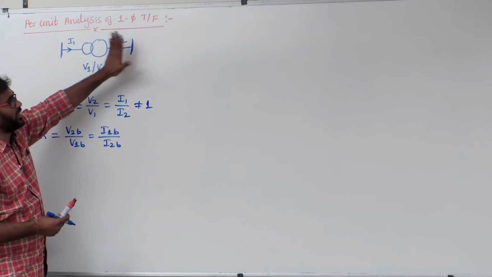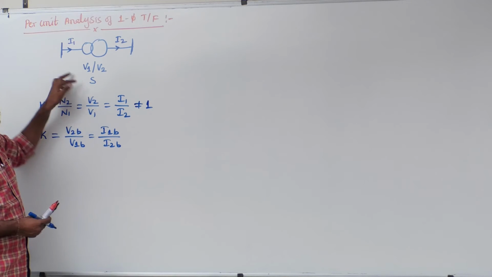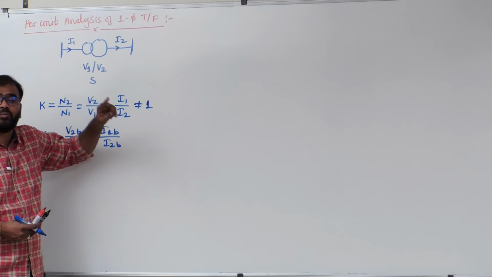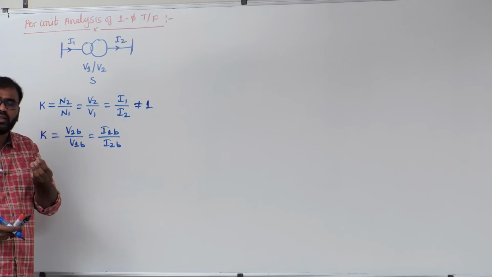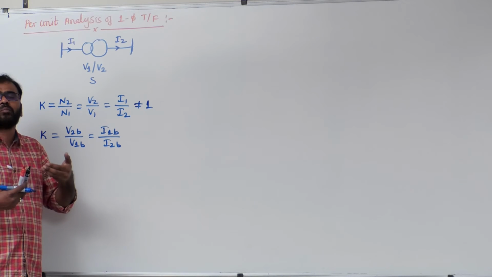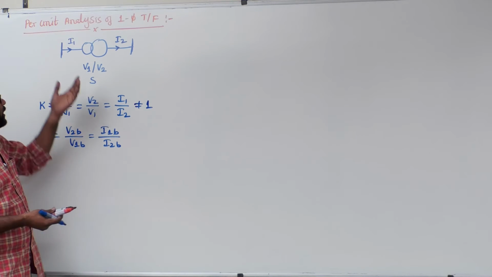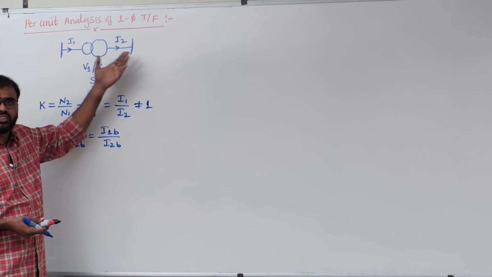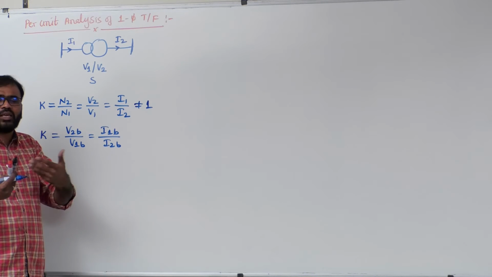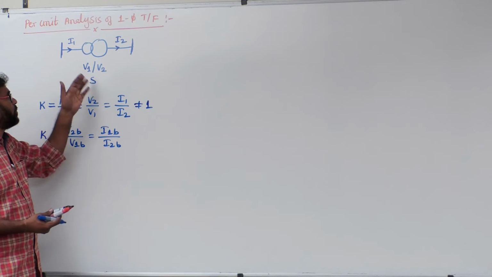That's why there exists a primary voltage base and secondary voltage base, primary current base and secondary current base. Primary volt ampere base and secondary volt ampere base are the same. Why are they the same? Sir, it is a transformer, a constant power device. Volt ampere rating in the primary and volt ampere rating in the secondary are the same. Volt ampere rating is nothing but S base.